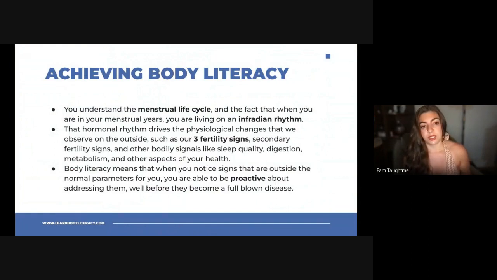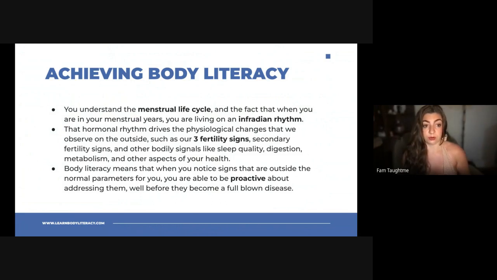And so you achieve body literacy when you understand the menstrual life cycle, like we said, the different phases of the cycle, how those hormones are shifting, and what your body needs at that time. And it's an acknowledgement that you're living on an infradian rhythm during your menstrual years.